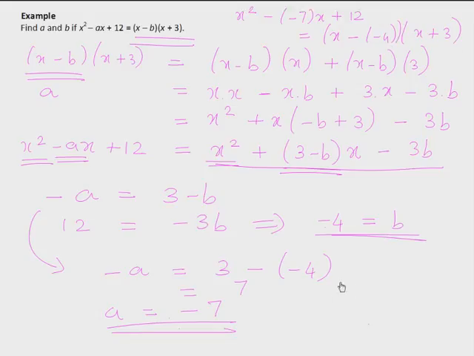So that works out to x square plus 7x plus 12 must equal x plus 4 into x plus 3. You can easily verify if this is right or not by just multiplying out x plus 4 and x plus 3 using the distributive property, and you will get x square plus 7x plus 12. So our solution is right. a is minus 7 and b is minus 4.